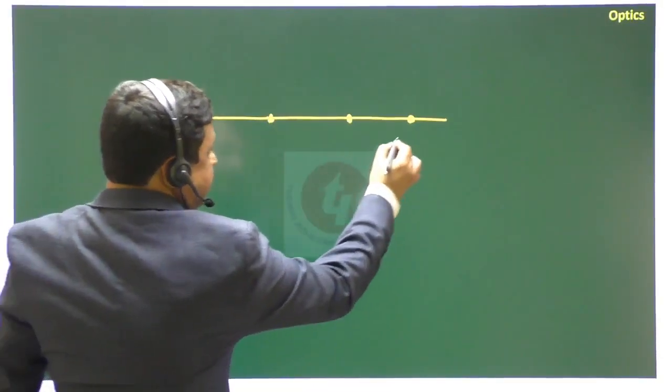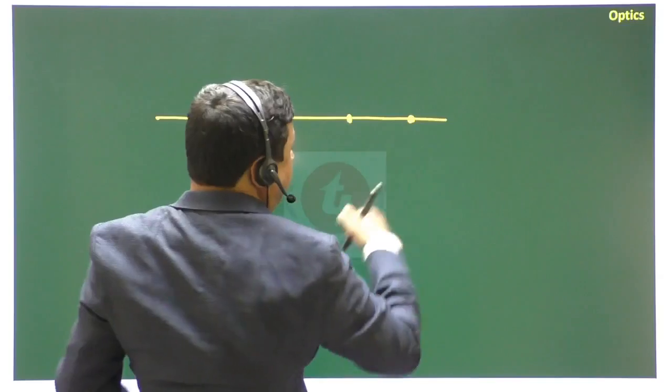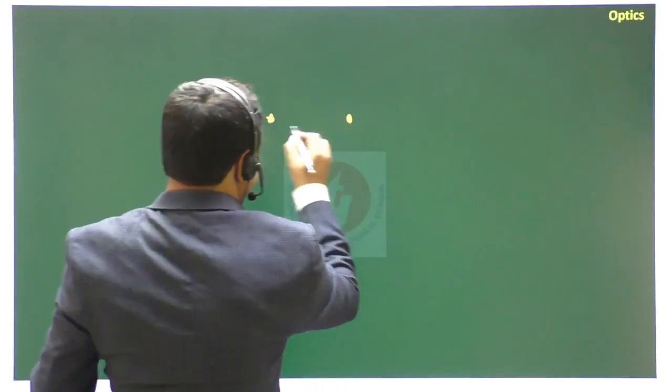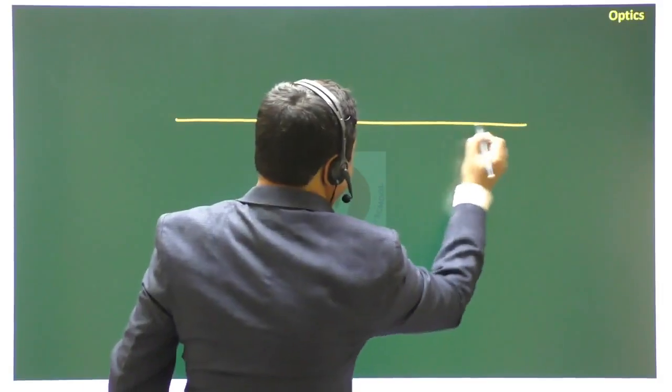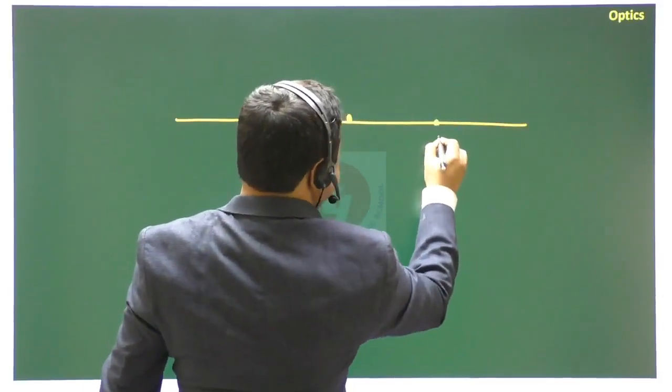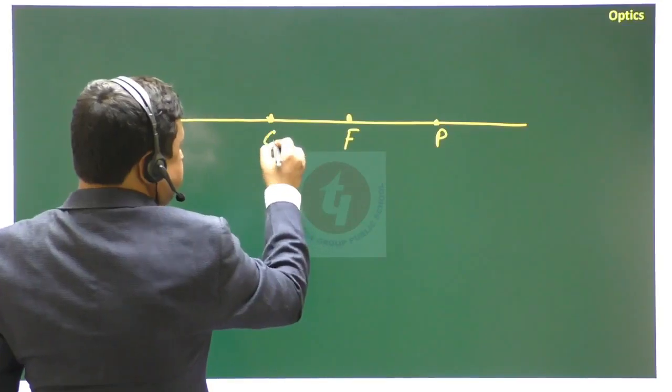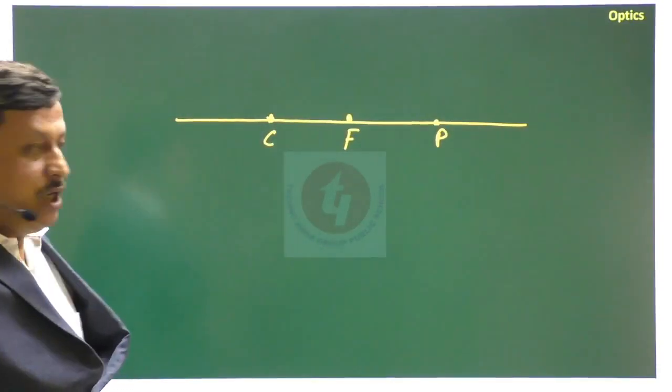That means, say this is the pole, this is the focus point, and this is the center of curvature.